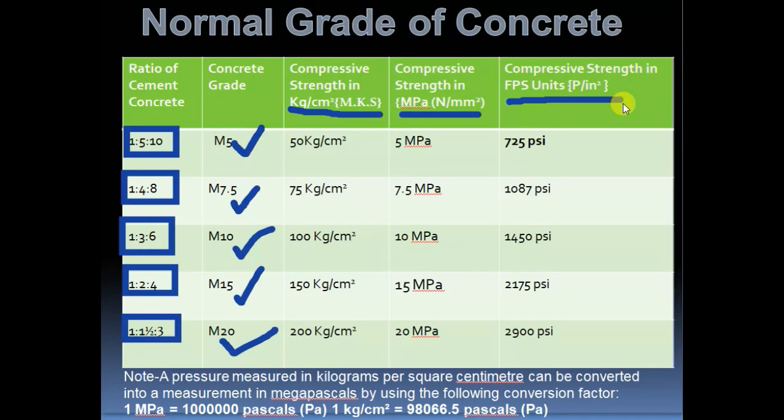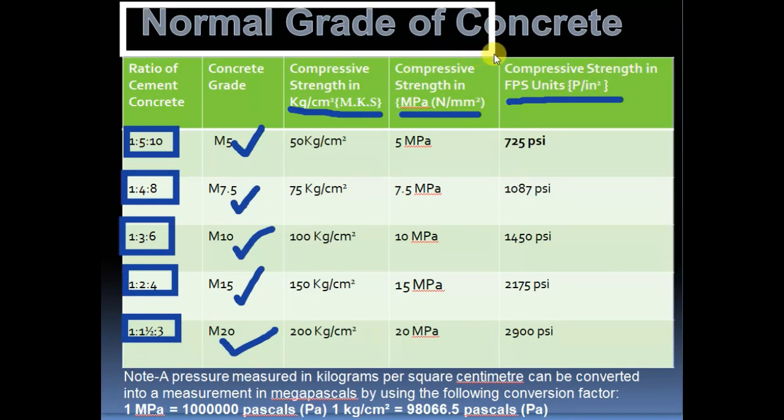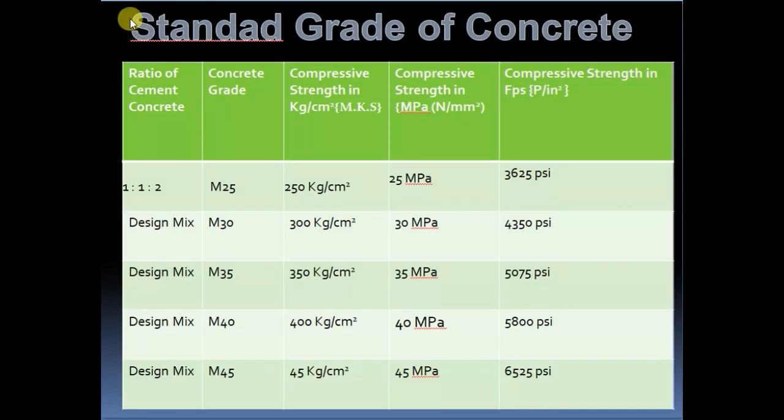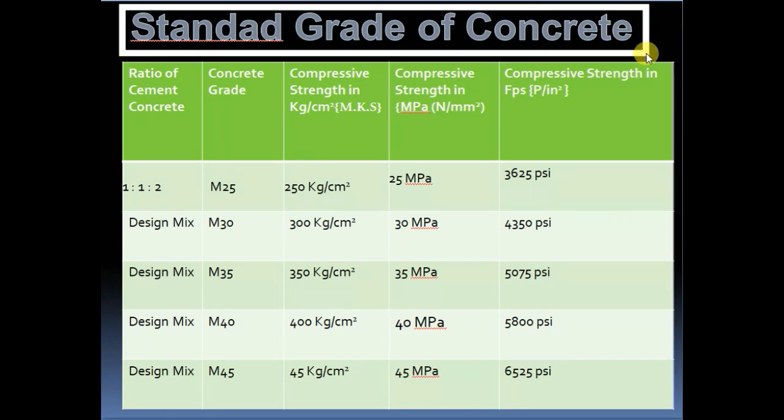So this is how we'll go through these grades. These are the normal grades that we use, and I've specified the normal grades of concrete here. Next we have the standard grade design.